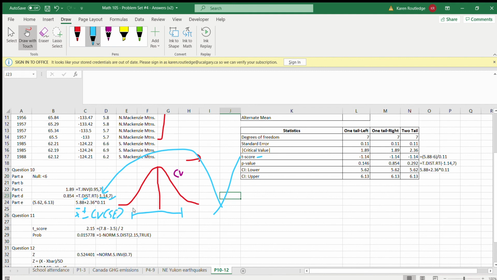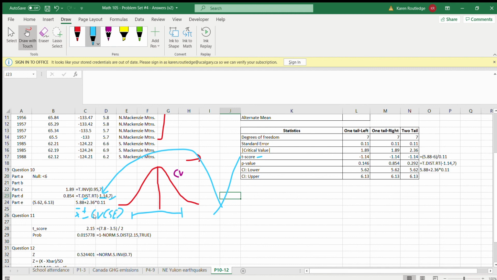Our critical value for the confidence interval must be two-sided, because confidence intervals are always two-sided. So in this case, we actually have to calculate a new critical value. And we use a different Excel function for that, t.inv.2t, to do a two-tailed test for the confidence interval. So we get that value instead, and it ends up being 2.36.